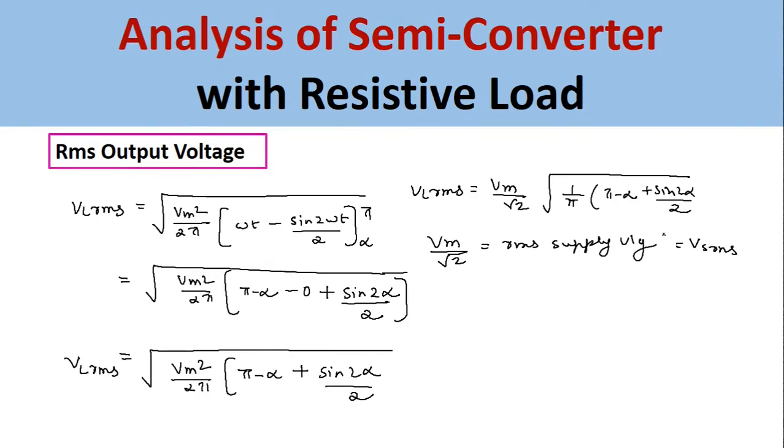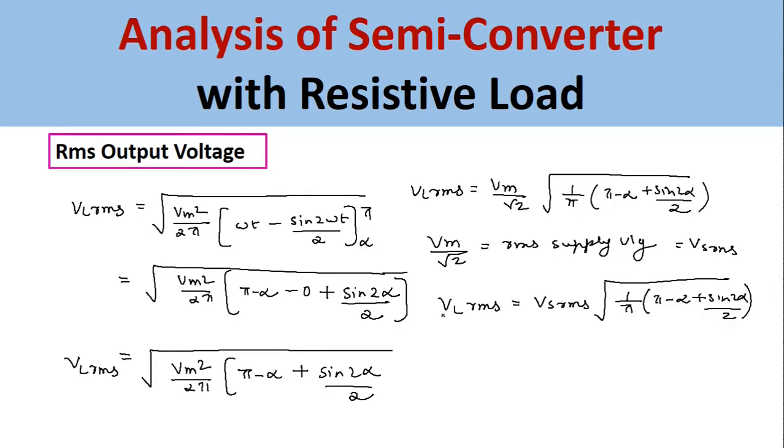So when we put VSRMS here, we get VLRMS equal to VSRMS times √(1/π × (π − α + sin 2α/2)). So this is the final equation of RMS output voltage for the semi converter with resistive load.